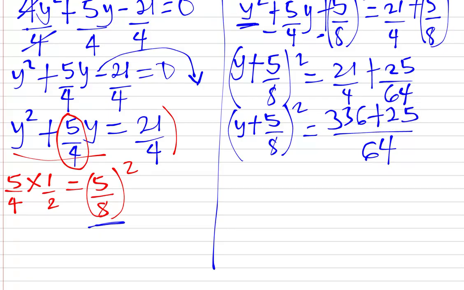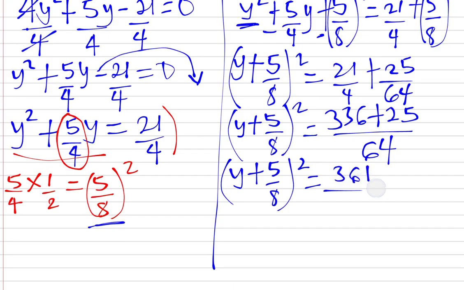So from there, I'm going to do y plus 5 over 8 all squared equals 336 plus 25, which will give us 361 over 64.